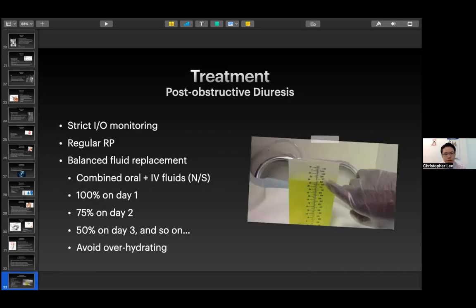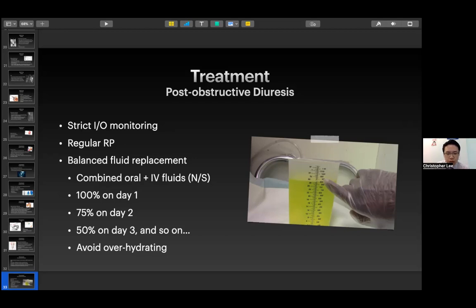So the way to treat this is by strict intake output monitoring and regular renal profile monitoring. You can do it once a day, every day, and you need to manage the fluid replacement as well. You can do that by combined oral plus intravenous fluids, where you give normal saline.